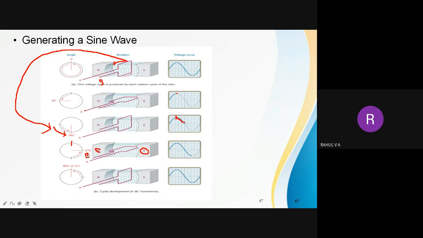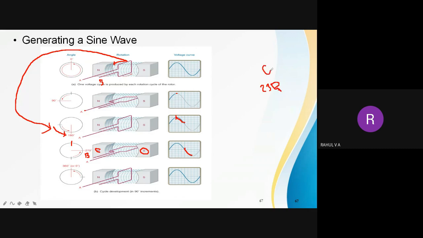Now if you measure voltage at A with respect to B, it will give you a negative quantity. So that is why this waveform goes from 0 to negative maximum, because the maximum EMF is induced in conductor B rather than A. When you are measuring voltage at A with respect to B, assume that B is having some 230 potential and A is having 0.